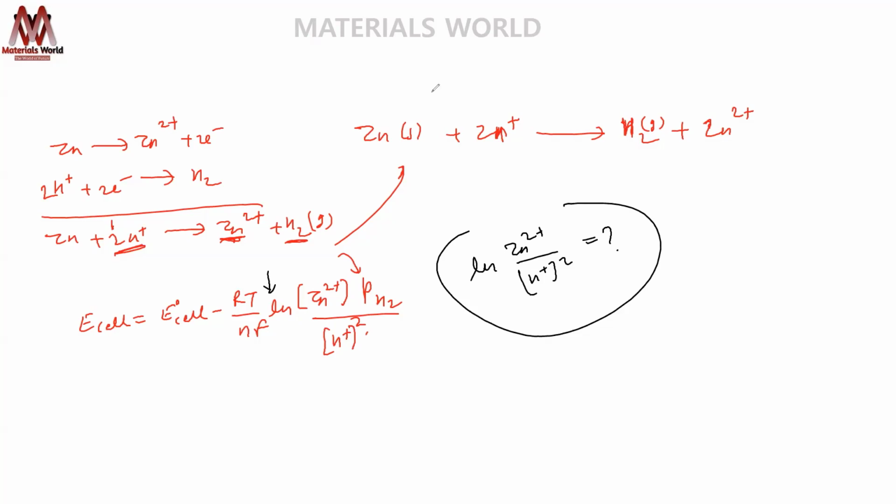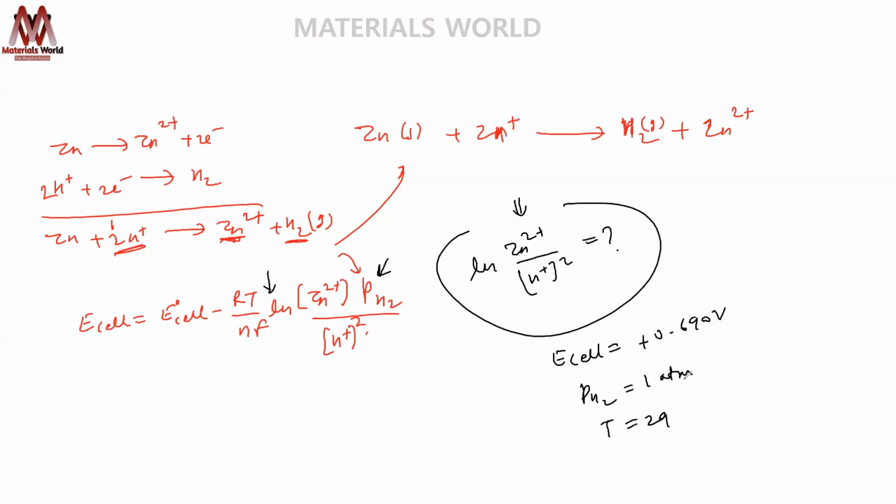You can write either and calculate later. It's straightforward. So what is given? Your E cell is given, that is 0.690 volt, and the partial pressure of hydrogen is given as 1 atm.